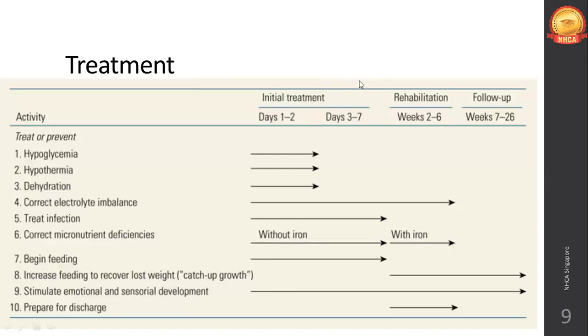So this is a treatment strategy: initial, rehabilitation, and follow-up. The same table is given in the textbook as well. You can refer to that. This is for clinicians, clinical practitioners, pediatricians here. It is more useful for you.